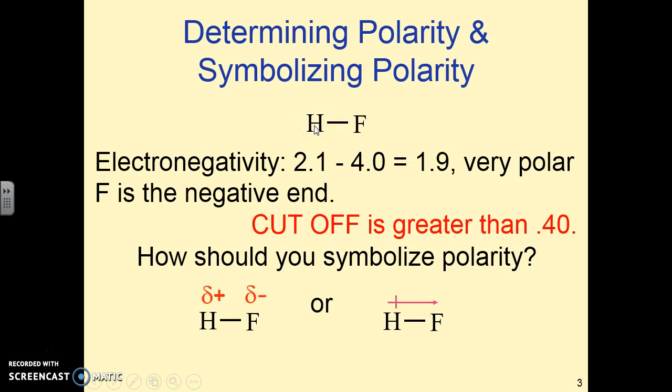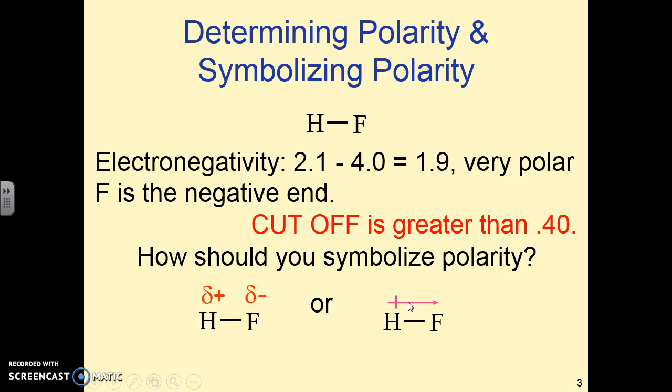As a result, as you can see on the bottom, fluorine gets a partial negative charge, and hydrogen gets a partial positive charge. The reason fluorine gets a partial negative charge is that it has more of the electron pair. We talked about this symbol over here. This arrow is called the dipole moment, and polar bonds have a dipole moment.